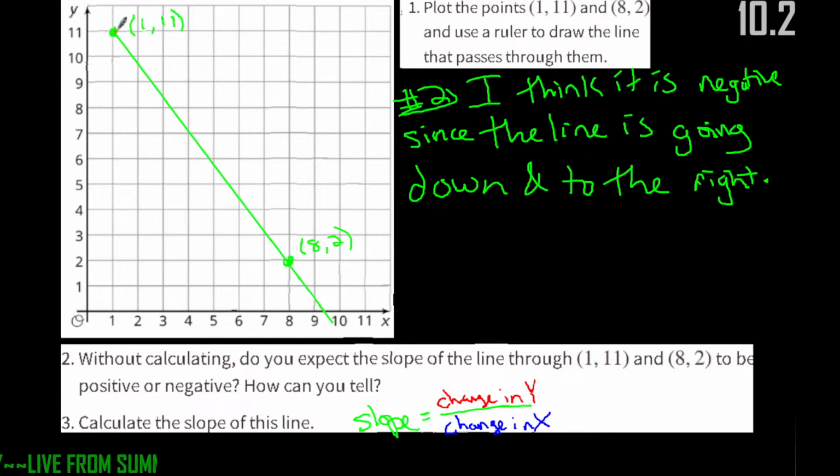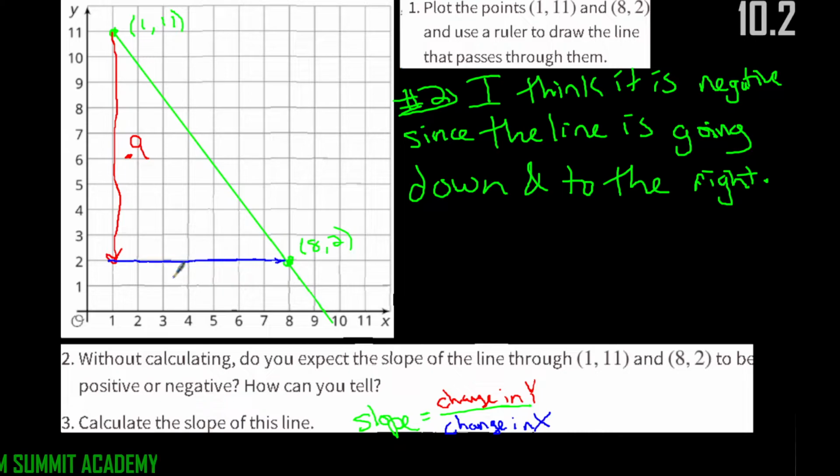So what I need to do is find my values. If I go from one point to the next, I draw my triangle. It doesn't really need to be perfect, but how many steps did I go down? Well, I went 1, 2, 3, 4, 5, 6, 7, 8, 9 steps down. So I'd say minus 9. Again, notice how I'm going down to the next point. And then for my change in x, which way am I going? Well, I go to the right 1, 2, 3, 4, 5, 6, 7 steps.